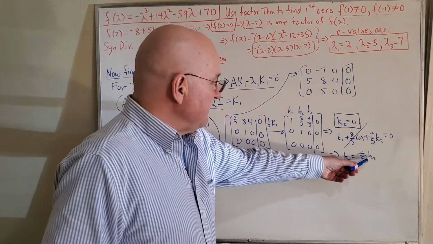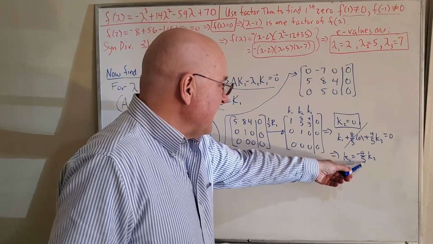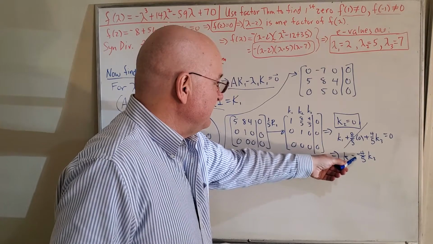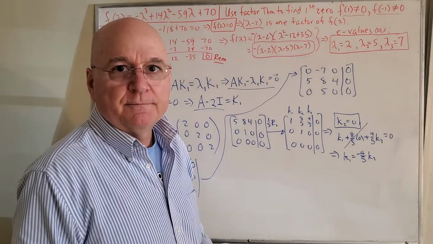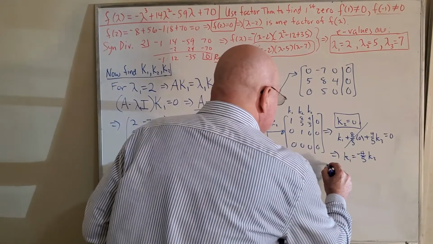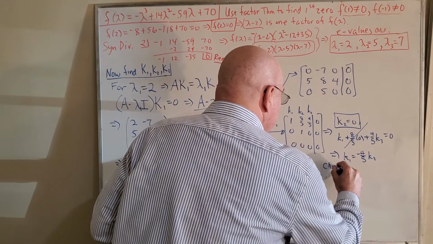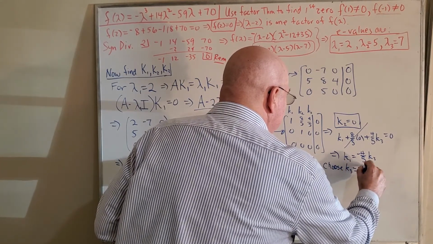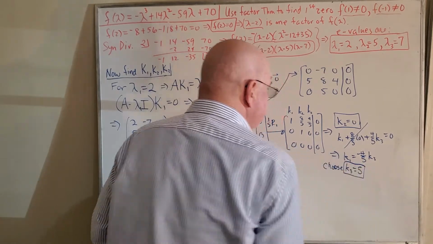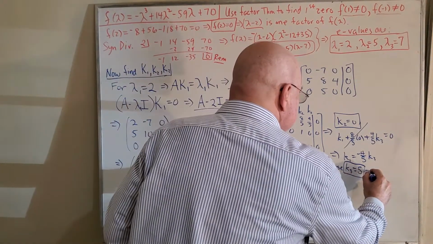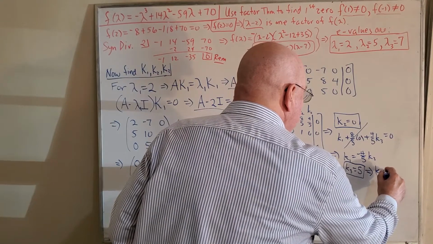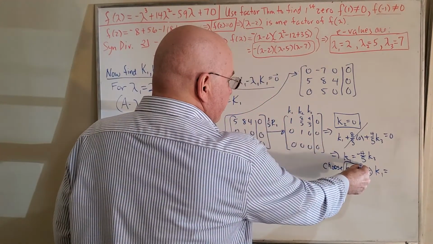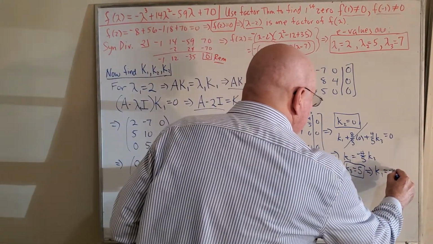If I choose K3 to be 5, that's going to be nice, because we get K1 being a -4. So choose K3 equal to 5. And that gives us K1 equals negative 4/5 times 5 is negative 4.